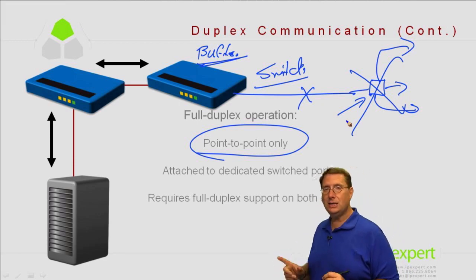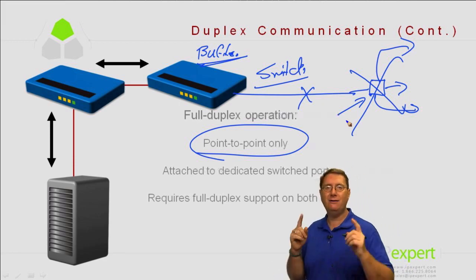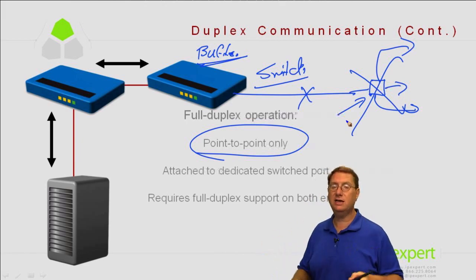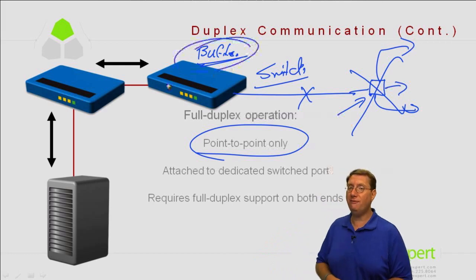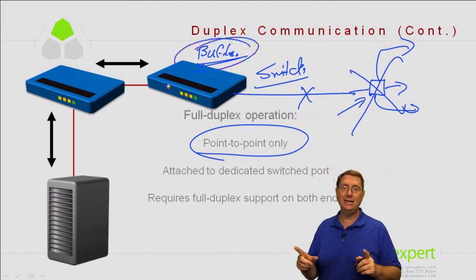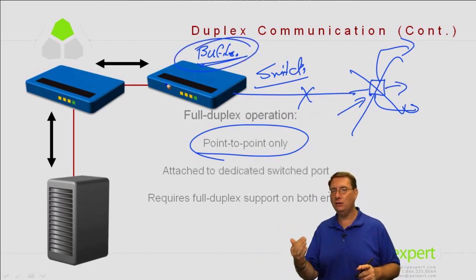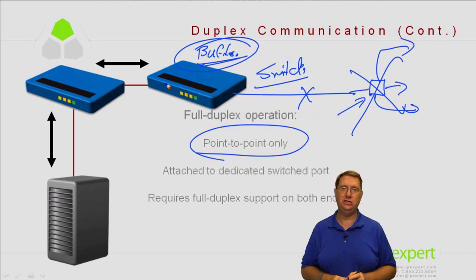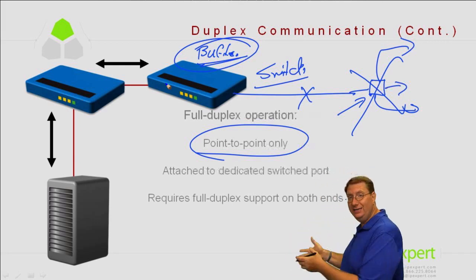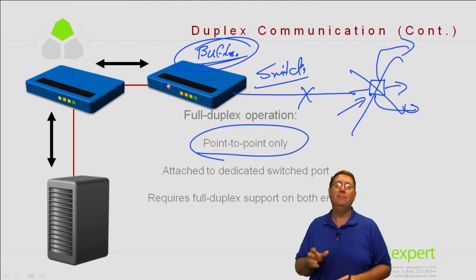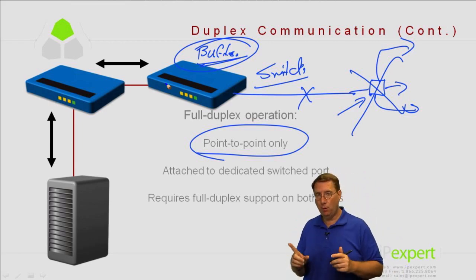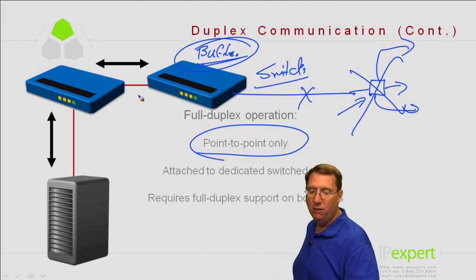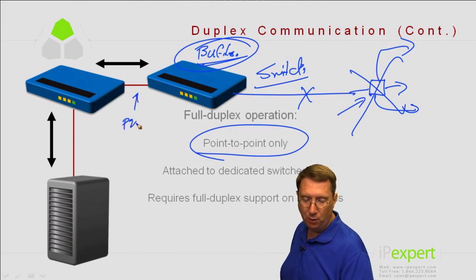Again, the links have to be point-to-point, which means I can only have 1 device on each end, because if I'm going to use this idea of a buffer, I need to know what I'm buffering, and unless I can delineate, I can't do that. So I only have the capability of supporting 1 device on each end of the connection. That device could lead to other destinations, but so long as the individual link is a point-to-point connection, that's all that matters. This connection must be point-to-point.